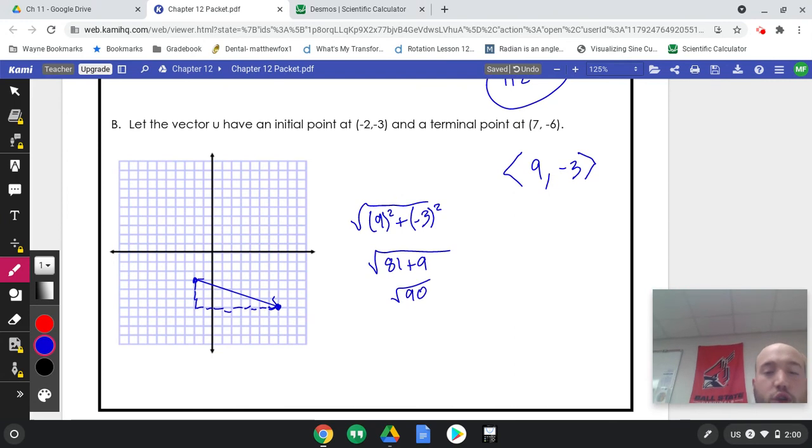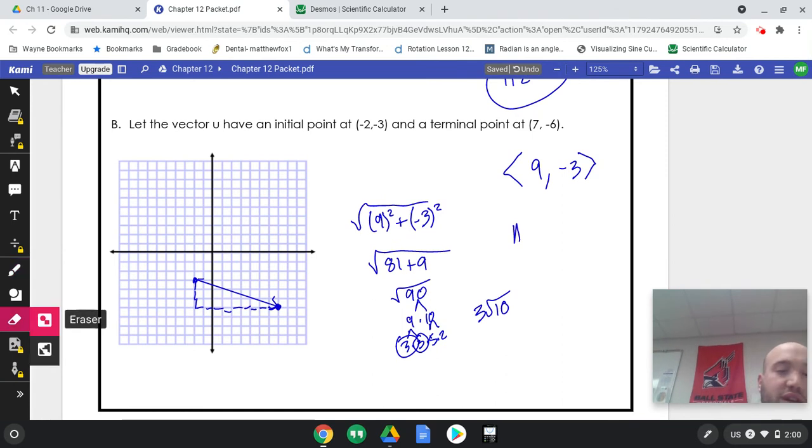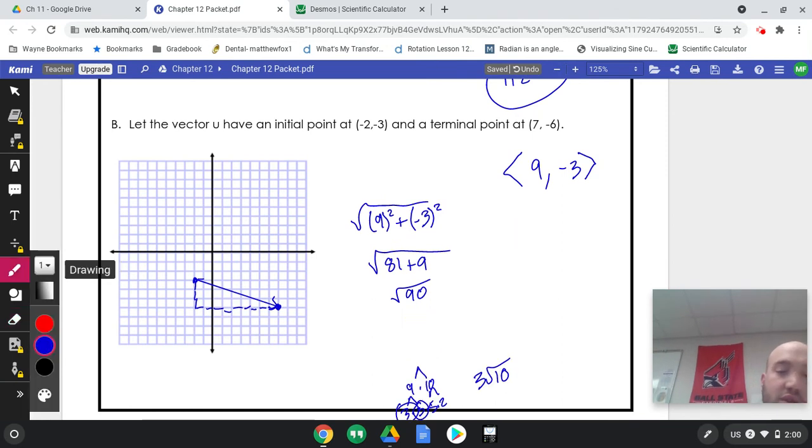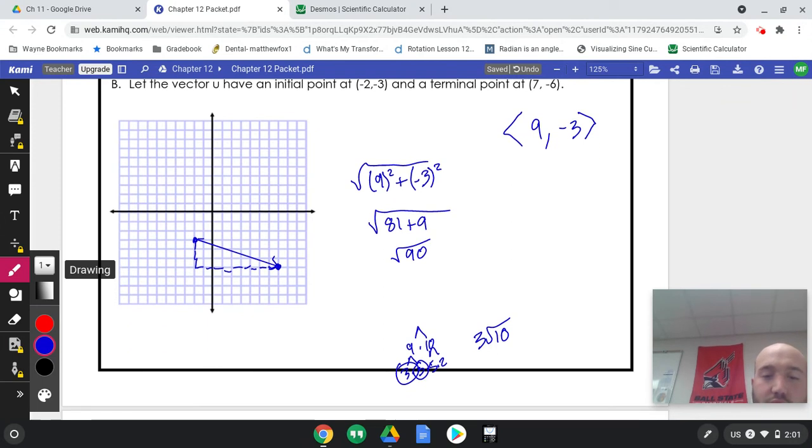Now here, you could put square root of 90, or we can reduce that. So that'd be 9 times 10, 3 times 3 times 5 times 2. Pair of 3's, so we're going to get 3 square root of 10. So I believe on Delta Math, it actually doesn't make you reduce it.